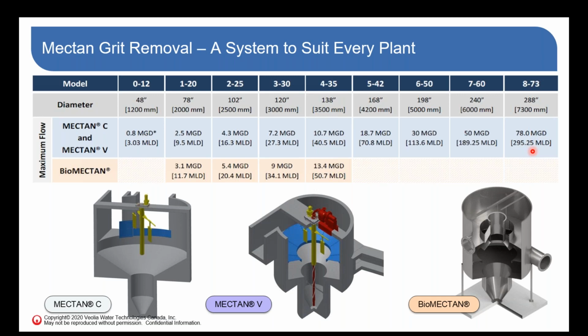The largest is 78 million gallons a day, or 295 million liters a day, in a single unit. The biomectan actually offers a bit more capacity for a given diameter, but the sizes of the unit stop here because today we're only offering that product in self-standing stainless steel tanks. So these ones over here are offered in concrete as well as in stainless steel down on the lower sizes.